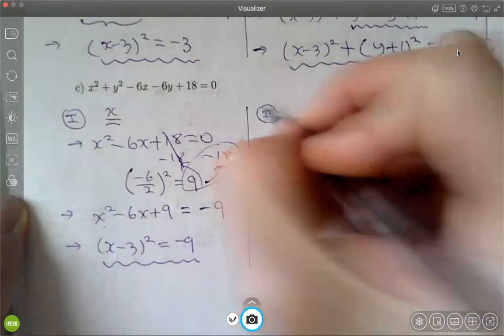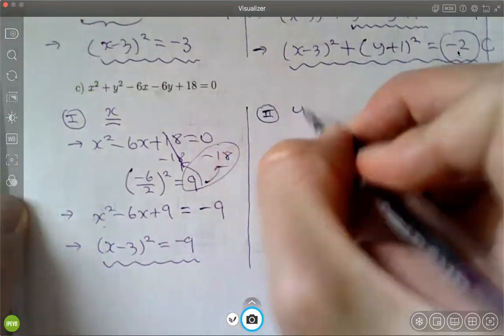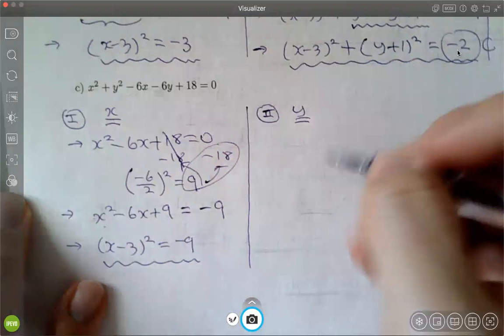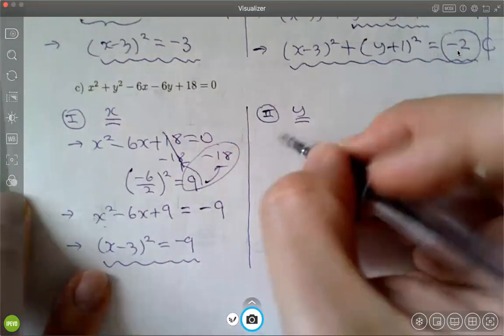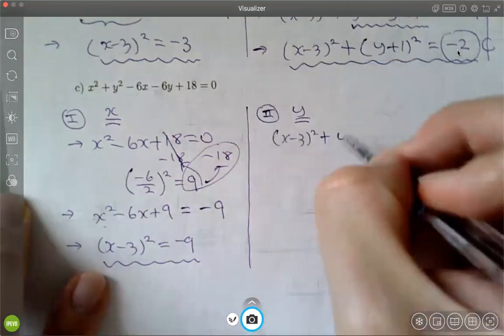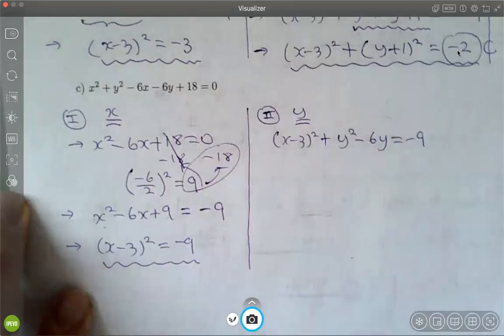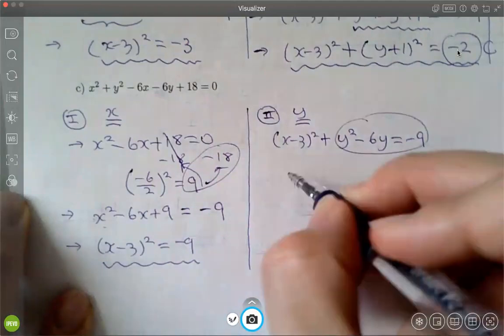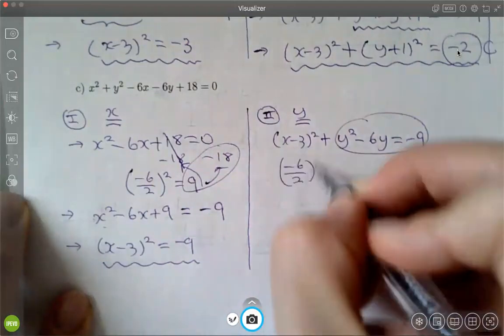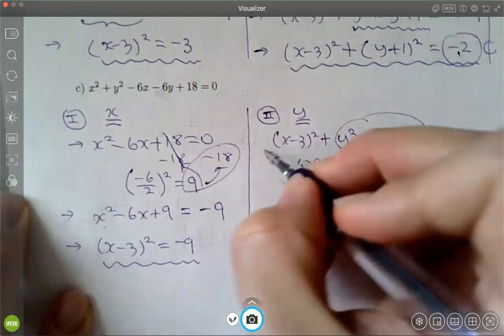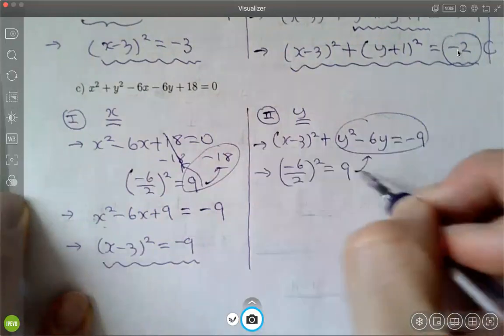Okay, and now, look at the y part. So now, for here, what do we do? X minus 3 squared plus y squared minus 6y is equal to negative 9. So that's where we start from, right? And then we look at this. So negative 6 over 2 squared, that's equal to positive 9. And then we add it to each side.